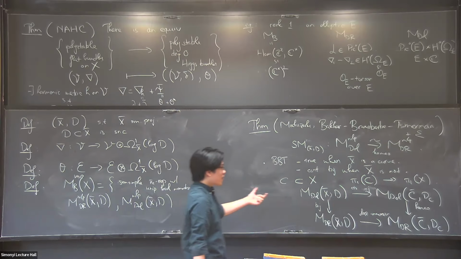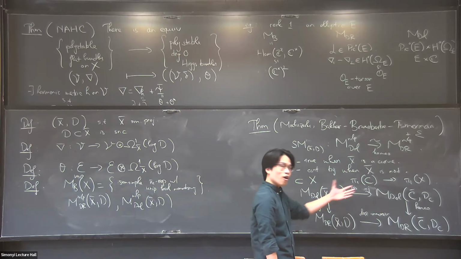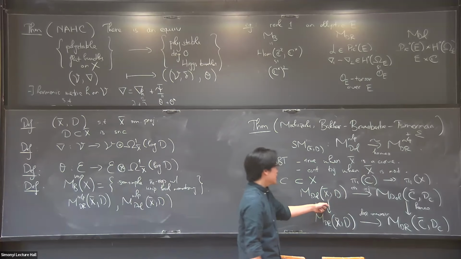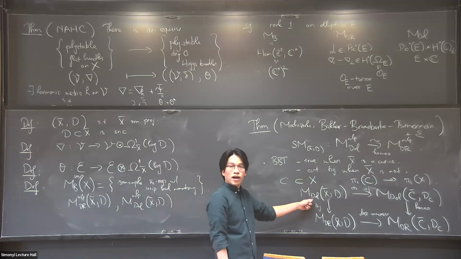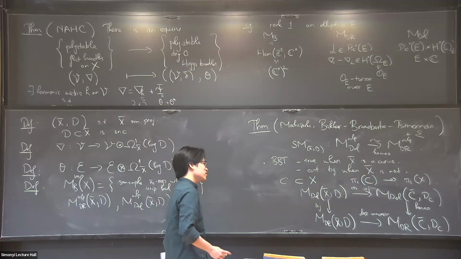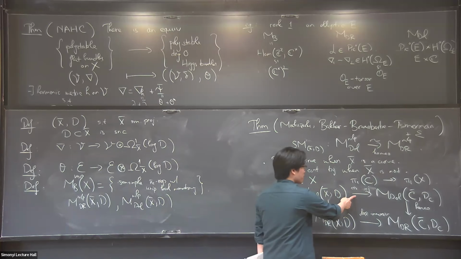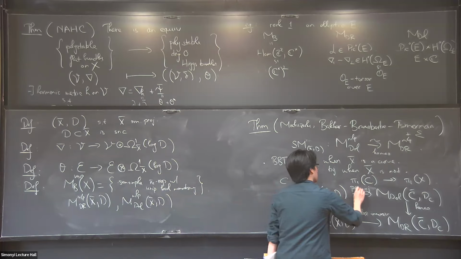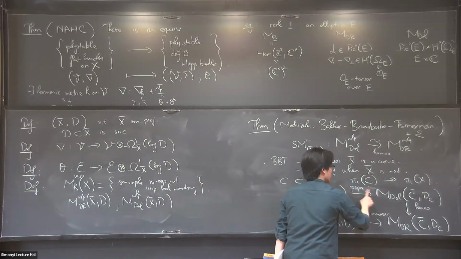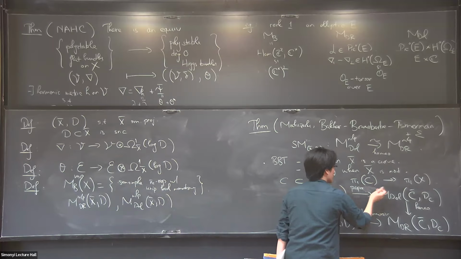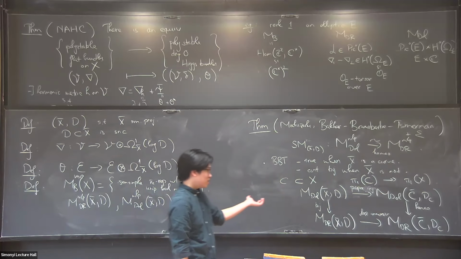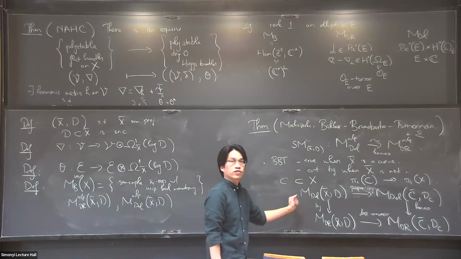So the argument is that if all four of these are true, then this map here has to be a continuous bijection. And the improvement is that you can actually show that this map is proper. So it's a closed injection, and that's enough to say that this has to be a homeomorphism.